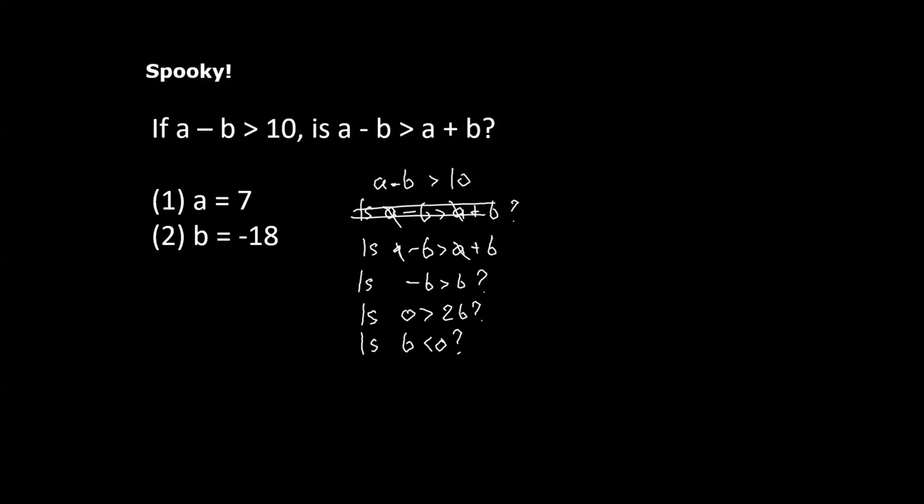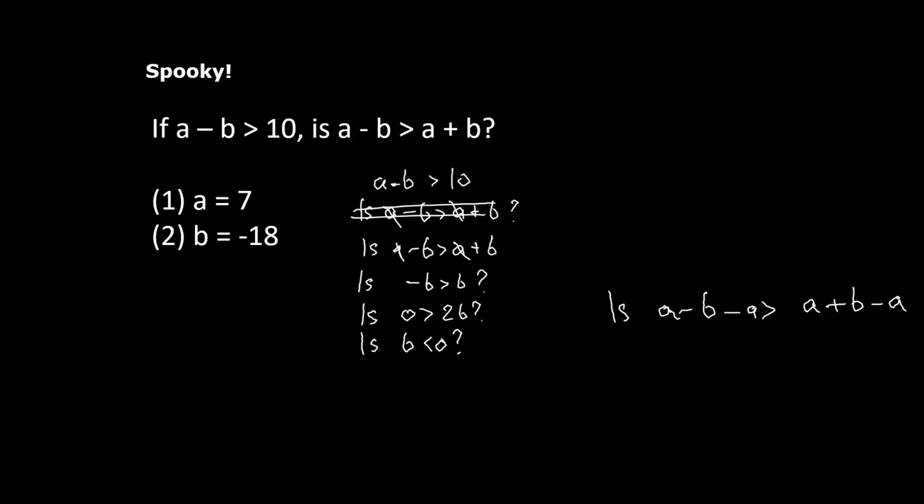Okay, let's look at this. In this, you have simplified the equation and you've cancelled A. But only if A is positive can you cancel it, right? No, what I'm doing is, is A minus B greater than A plus B? I'm just subtracting A on both sides of the equation. So I'm not multiplying or dividing.